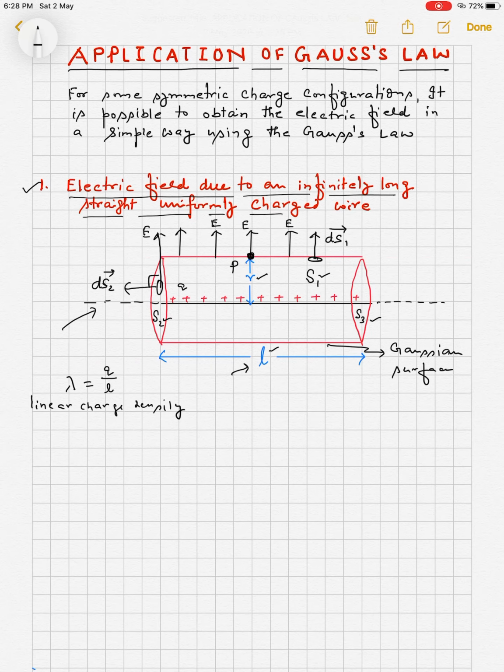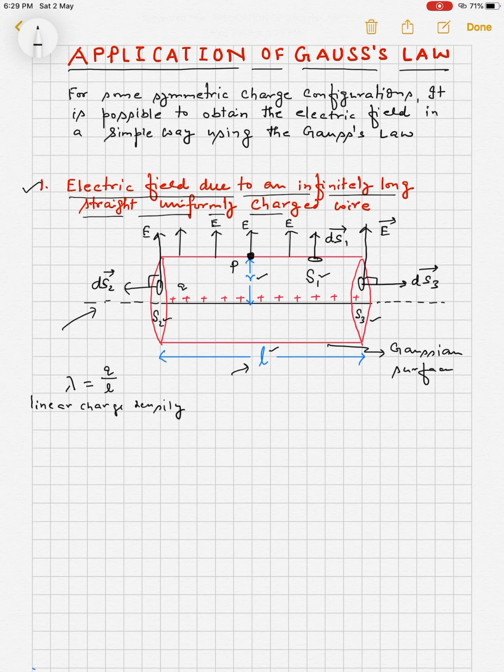For surface S3, again we consider an element, the area vector will be ds3, outward drawn normal, and the electric field is away from the positive charge. Again the angle is 90 degree.